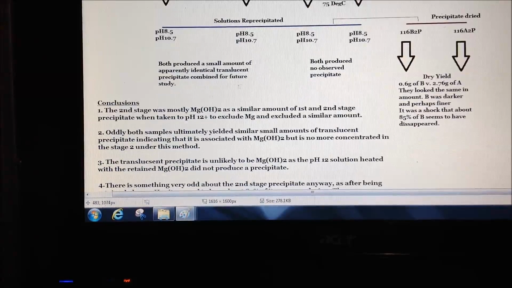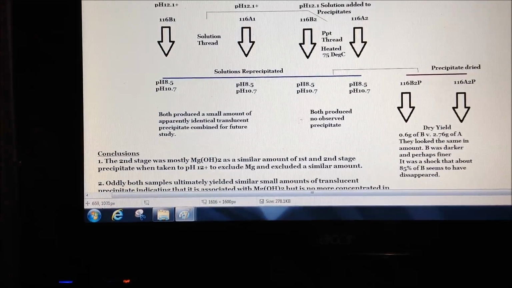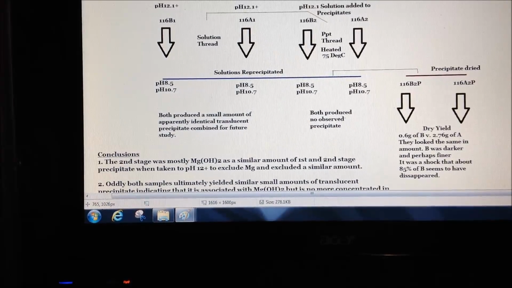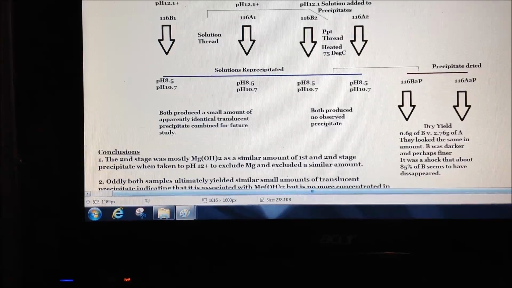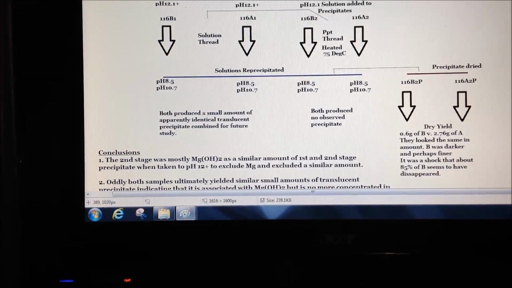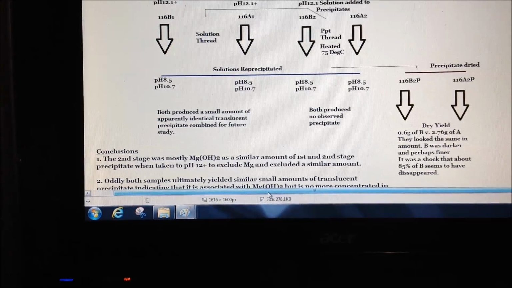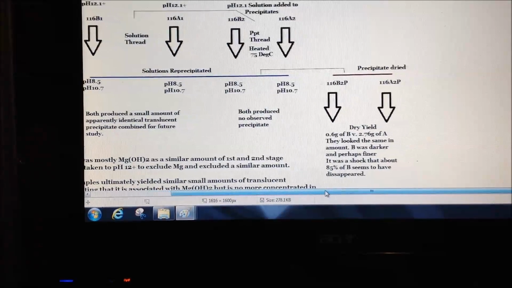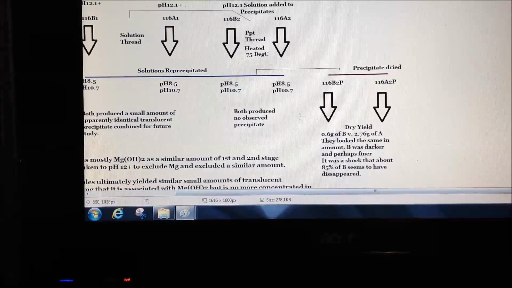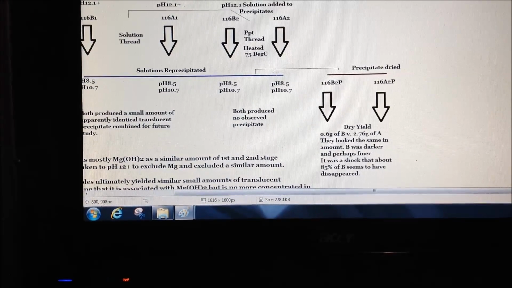This second lot of samples from the leaching produced no observed precipitate, so we didn't do anything further than that. So we have produced something. It is a different precipitate, and it is a smaller amount. My guess is that it's in the region of 3 to 5% of what we started with.